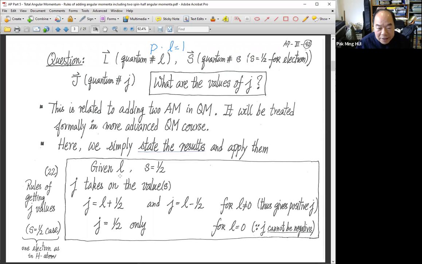But if it is an S state, L equals 0, remember, J cannot be negative. If we allow L minus half, it becomes minus half, which is wrong from the general result. Therefore, when it is an S state, only L plus S, 0 plus half, is allowed. So J is half.